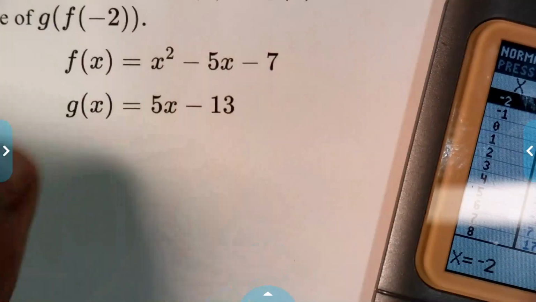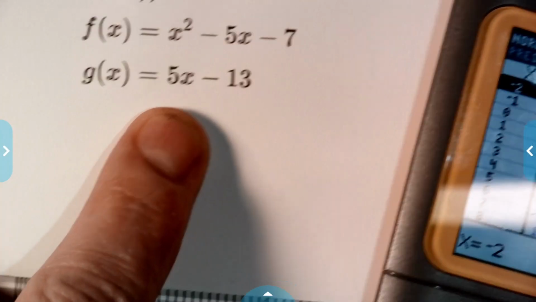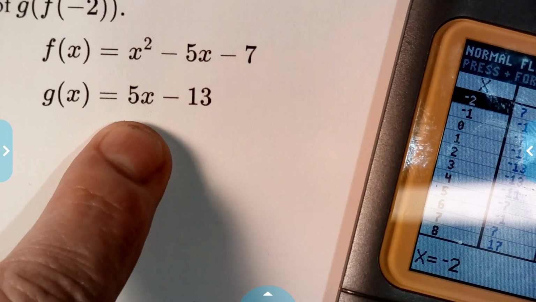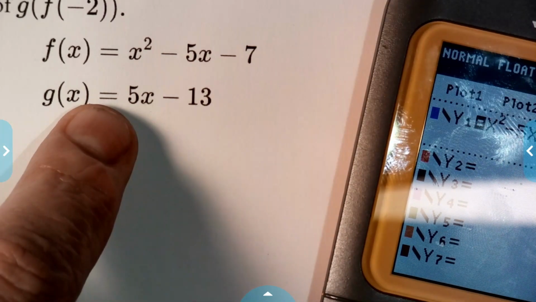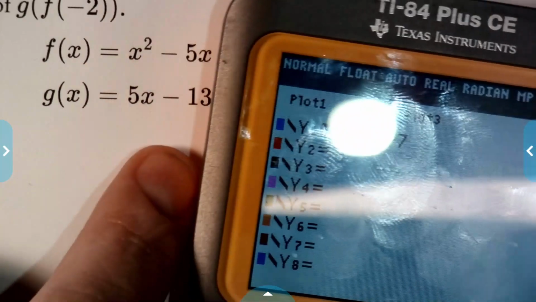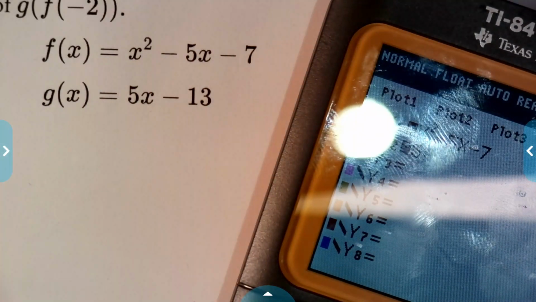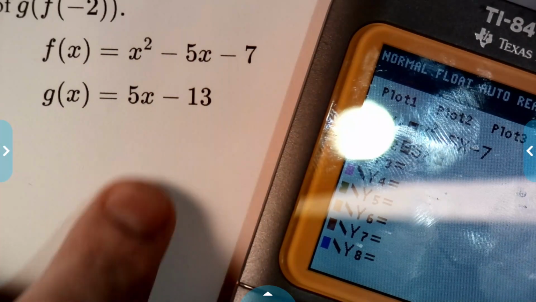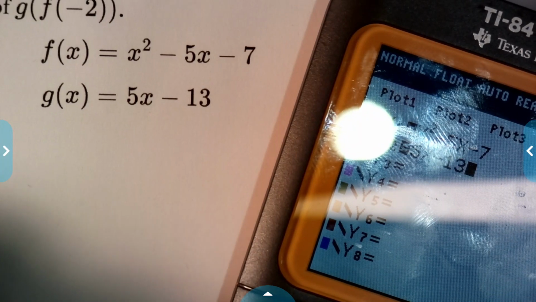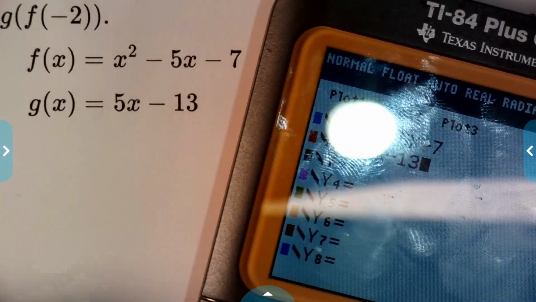And then take this number here, go back to y equals, and type in 5x minus 13, okay?